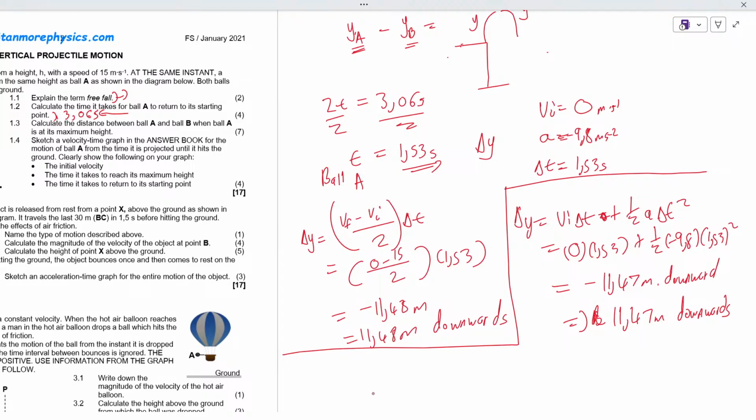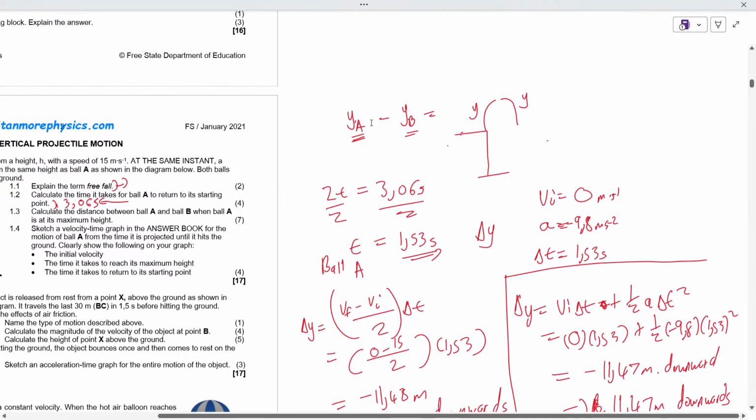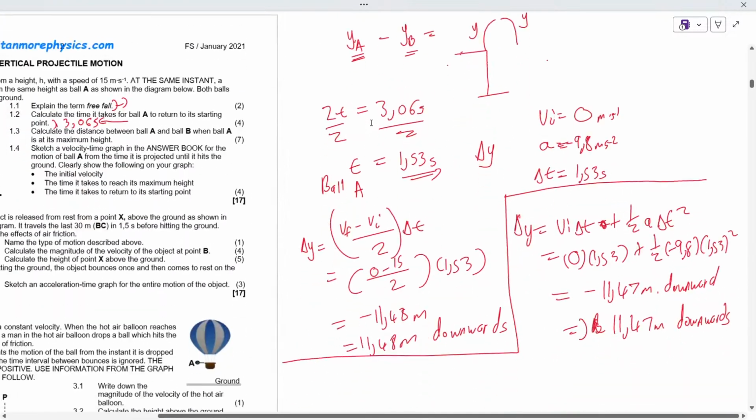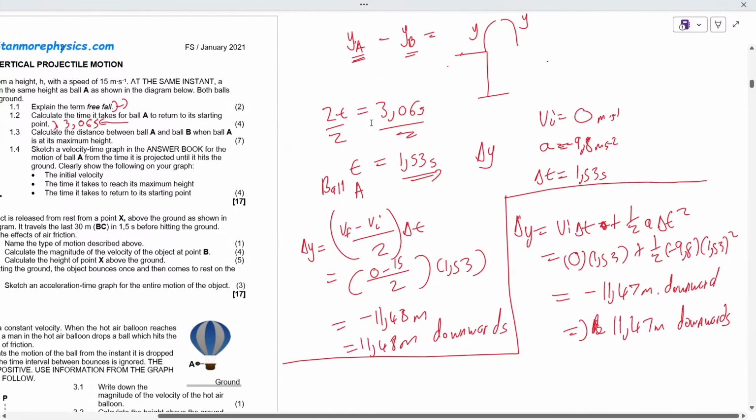But there's also another important thing that you have to note. Let me check the displacement of this ball.